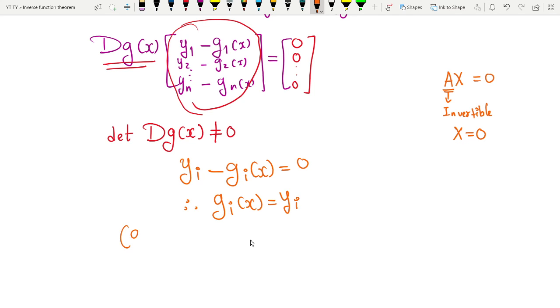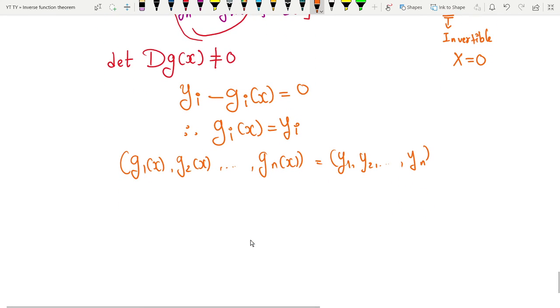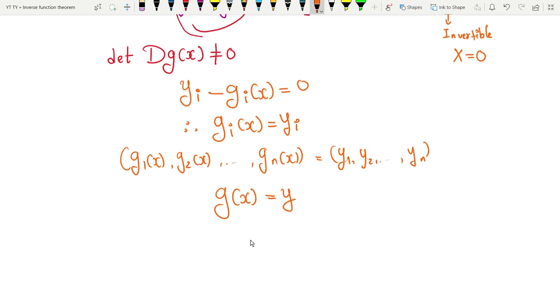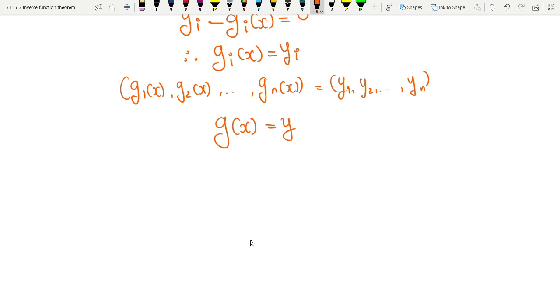If I consider it coordinate-wise, g1(x), g2(x), ..., gn(x), then the answer is going to be y1, y2, ..., yn. And that is nothing but my g of x is the same as y.